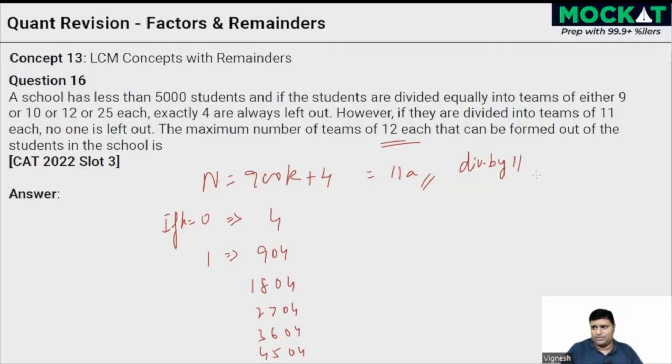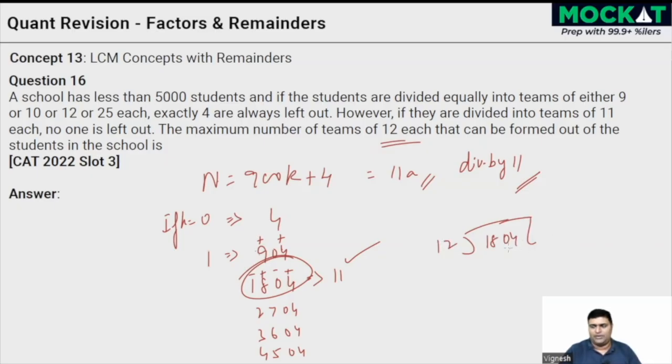Which of these is going to be divisible by 11? For 11, what do we know? Alternate digits, plus and minus and plus. 13 minus 0 doesn't work out. Plus, plus, minus for the rest works out. 12 minus 1, 11. 1804 is divisible by 11. So that is going to be the number of students. What is asked is the number of teams that can be formed. 1804 divided by 12.